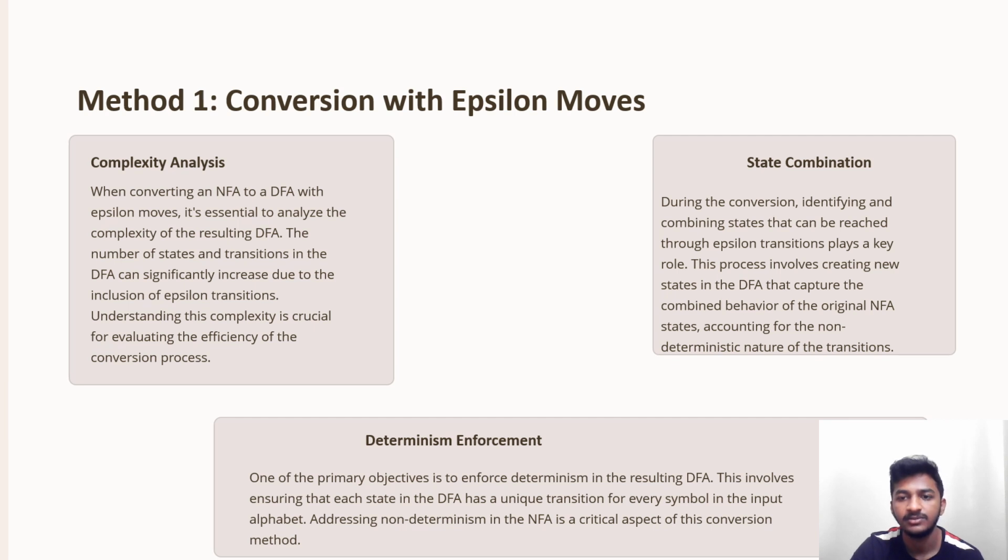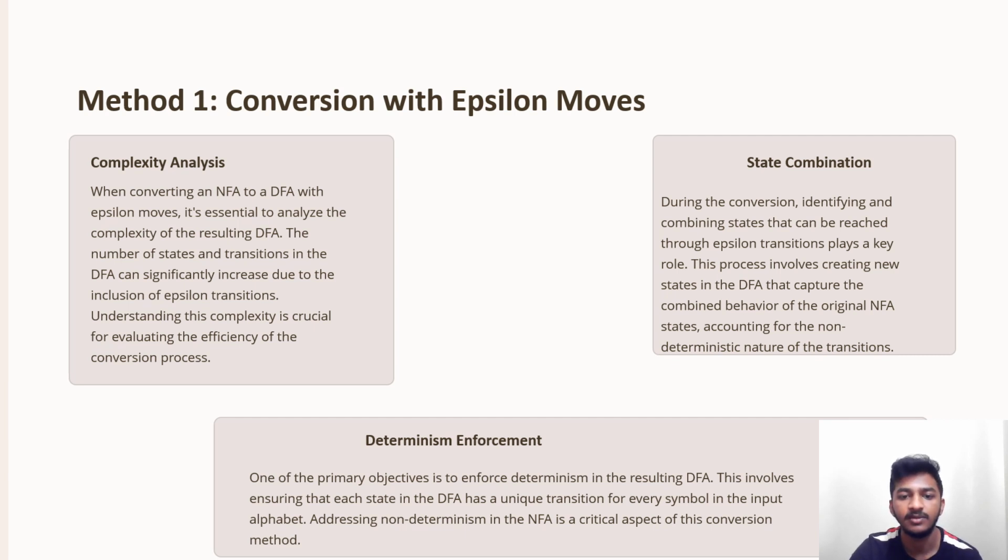State combination: during the conversion, identifying and combining states that can be reached through epsilon naught transitions plays a key role. This process involves creating new states in the DFA that capture the combined behavior of the original NFA states, accounting for the non-deterministic nature of the transitions.